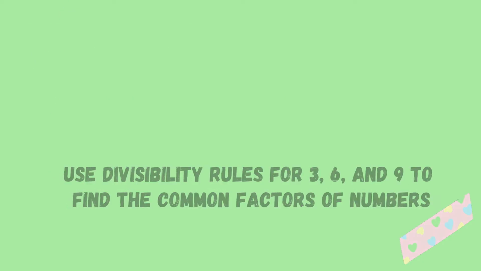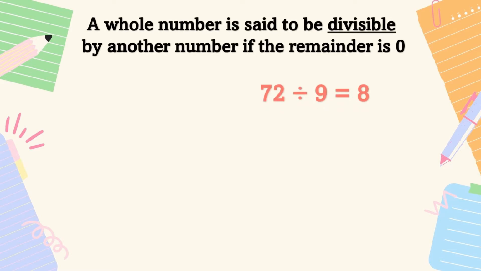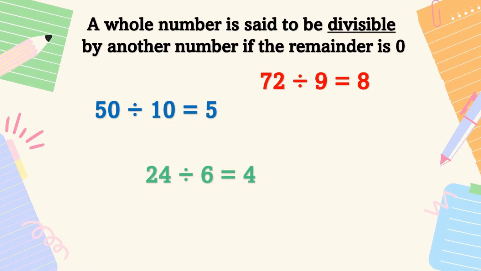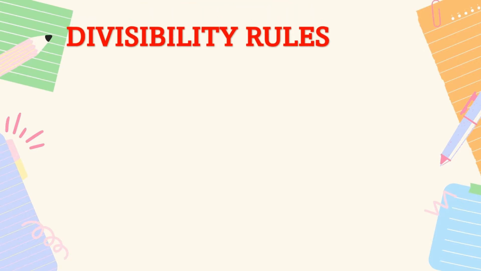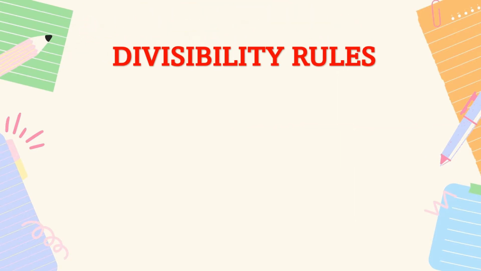In our last lesson, we mentioned that a whole number is said to be divisible by another number if the remainder is 0, like these numbers. Our lesson for today is about using divisibility rules for 2, 3, 5, 6, 9, and 10 to find the common factors of numbers.